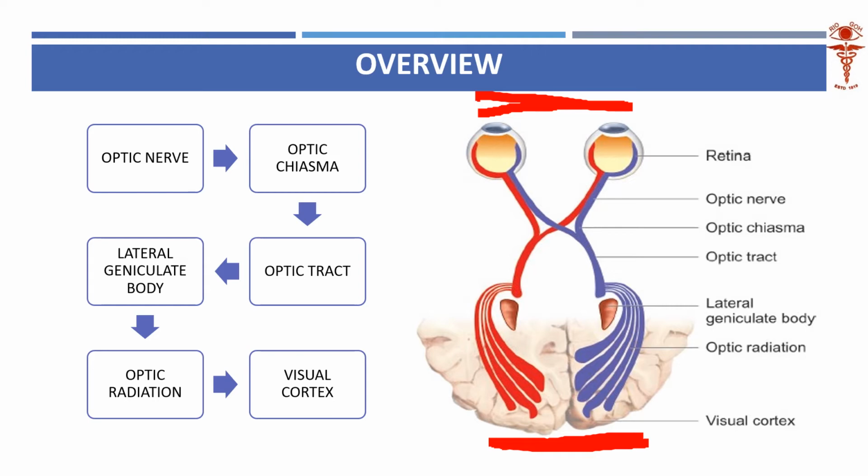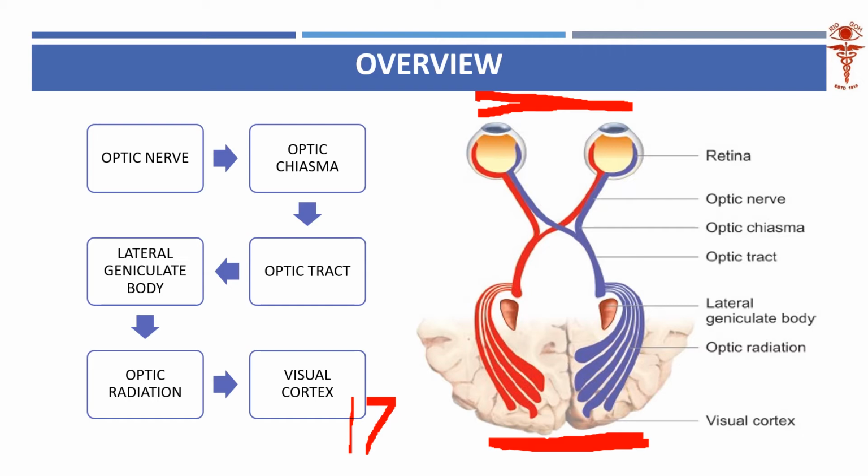There is a sensory decussation that happens here, then it goes as my tract, reaches my lateral geniculate body, and in my lateral geniculate body it fans out as a radiation, and that radiation reaches my visual cortex. Visual cortex is area 17 of my brain, the calcarine cortex. Areas 18 and 19 are visual association areas. We will discuss that in the final slide.